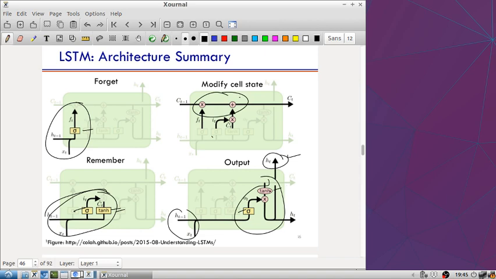Actually, I think this one is not a layer. Maybe it's just an element-wise tanh operation. I am sorry about that, but we'll check and I'll clarify that later. Because they put it in pink, probably it's just an element-wise rescaling of the input.